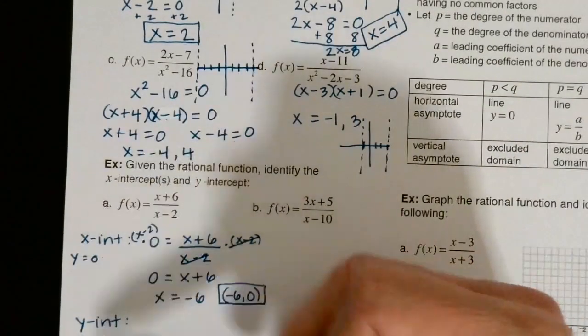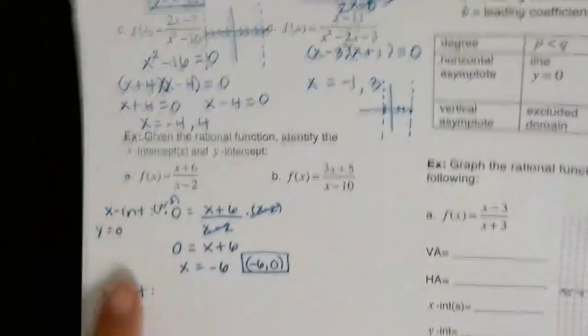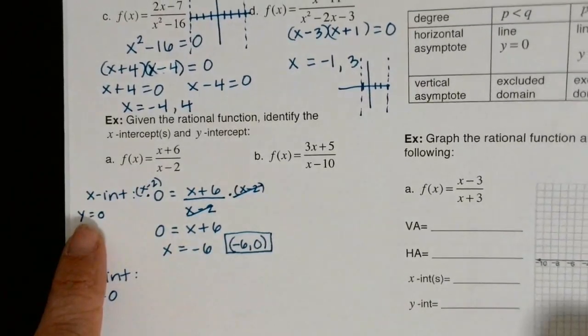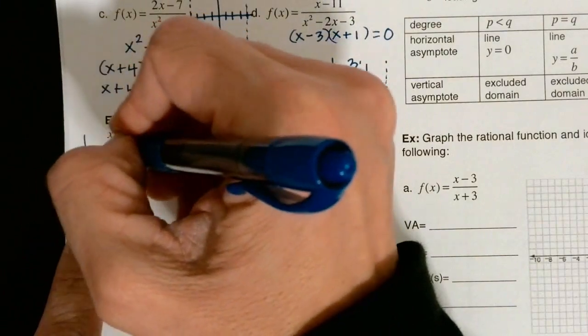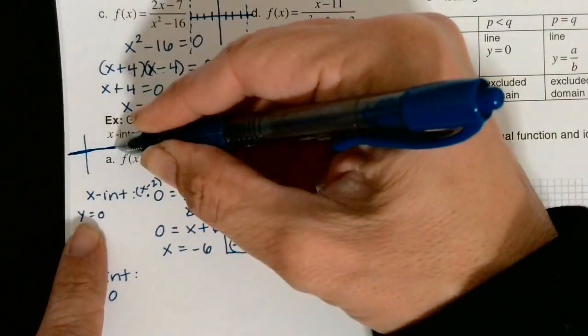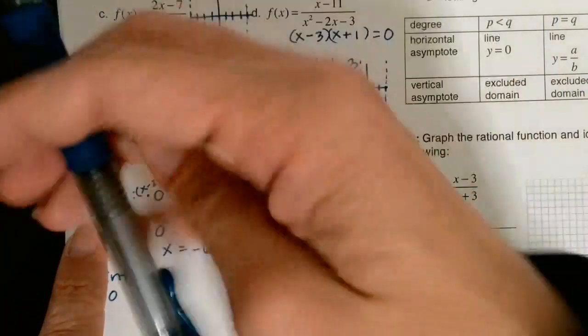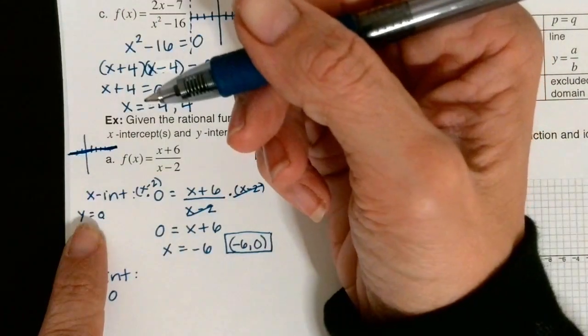So this is also something that's a little bit of a mystery to kids, because they're like, if I'm finding my x-intercept, why am I saying y equals 0? So when you find an x-intercept, you're trying to figure out where on your graph it crosses that x-axis. The x's are changing on the x-axis. The y's are all staying at 0. So the y's are the one thing that's consistent, so that's why we can plug in y equals 0.